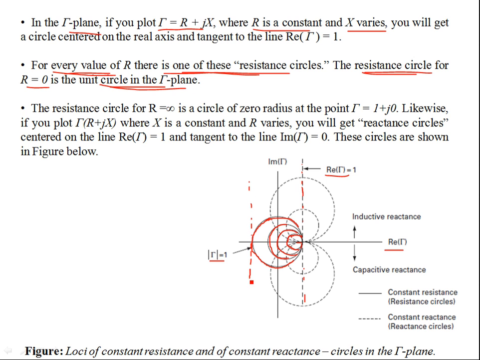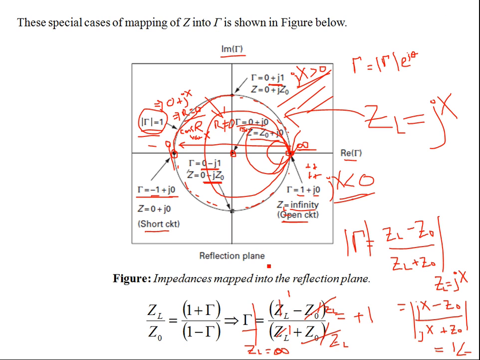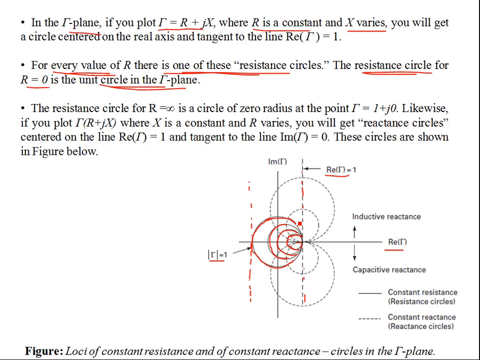Isn't that right? Look over here, this is -1, this is short circuit, and this is open circuit. So quite safely I can write this point in terms of gamma: this is imaginary gamma, this is real gamma, so this is 1 plus j0. Similarly over here, what does this point correspond to?